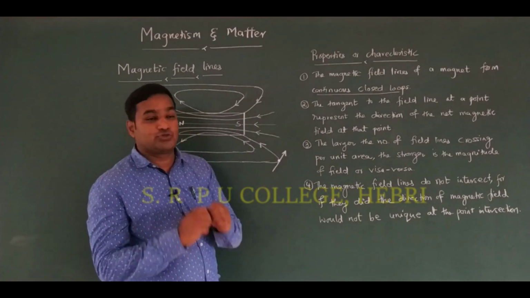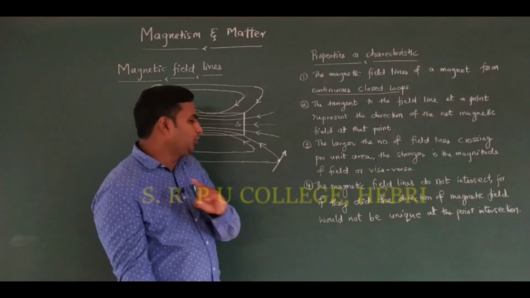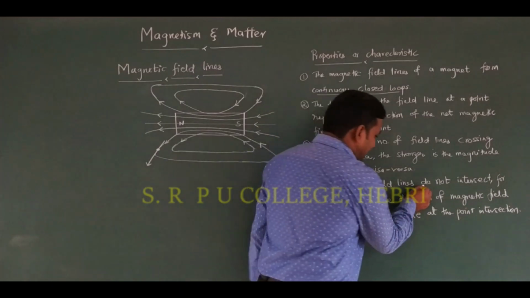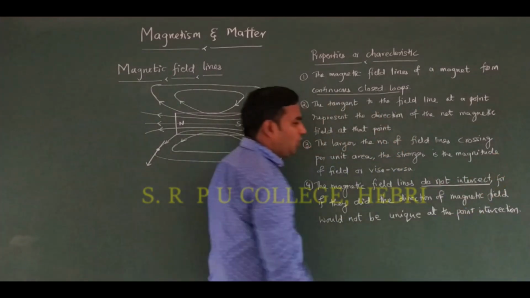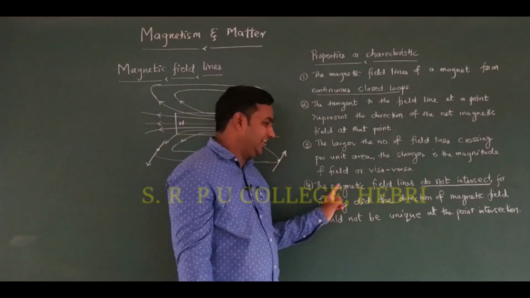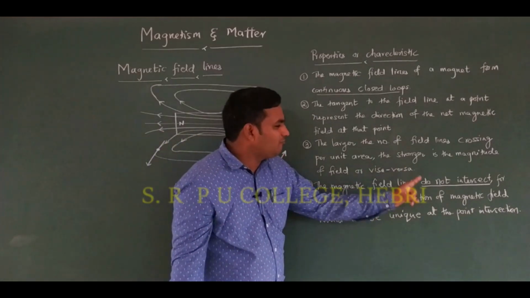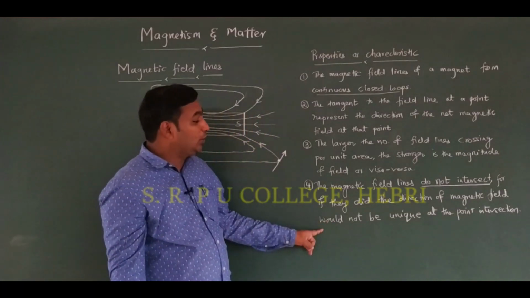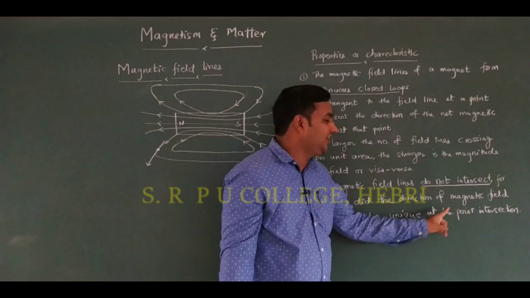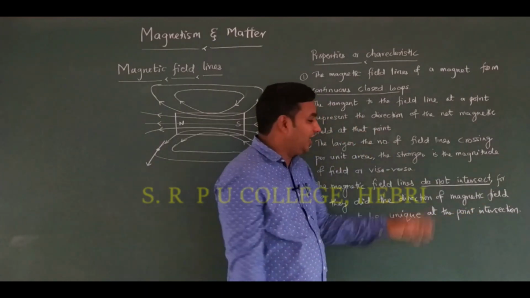Electric field lines also never intersect. Similar to that, magnetic field lines do not intersect. For if they did, the direction of the magnetic field would not be unique at the point of intersection.